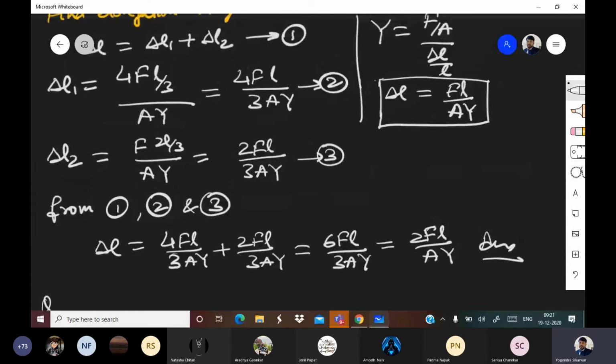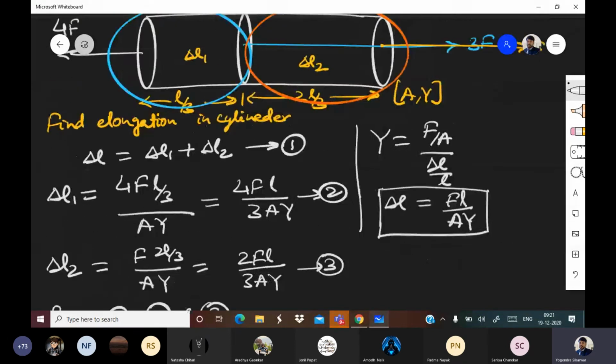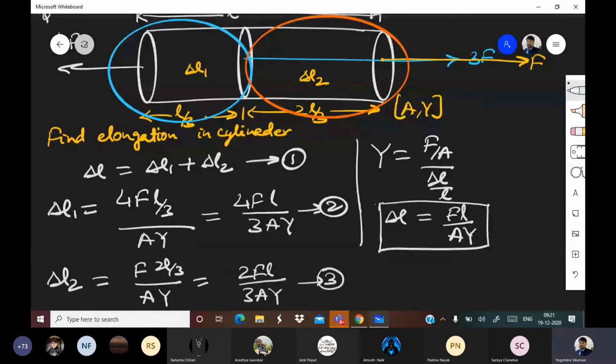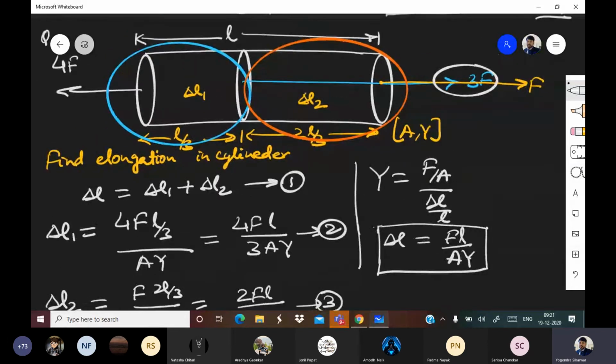How is the force on the first part 4F? See, if you see the total force, this is 3F and this is F, so 3F plus F becomes 4F. Now you tell me, is 3F acting at the midpoint? Midpoint means an internal point.